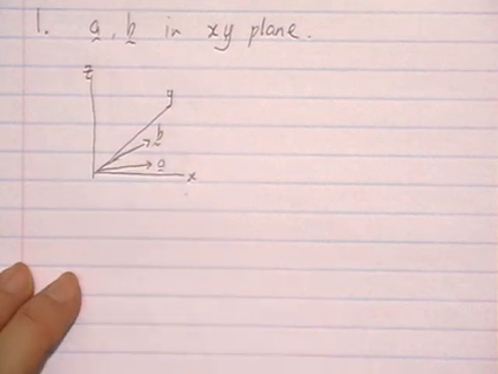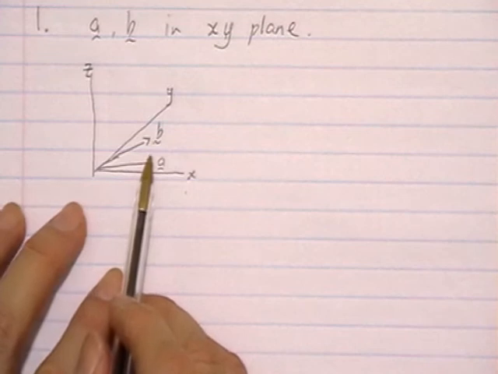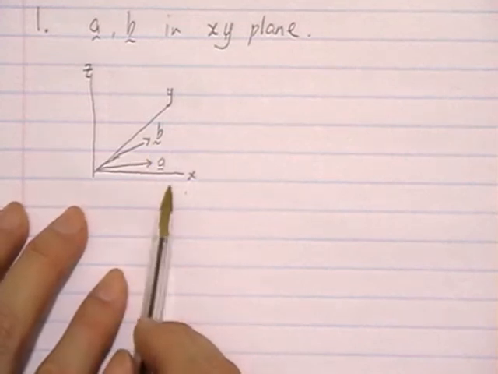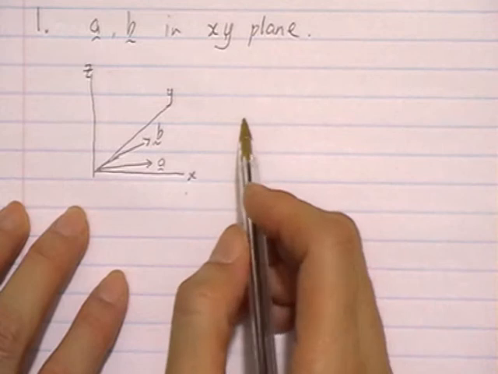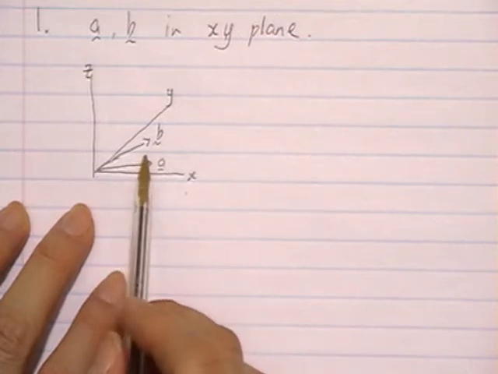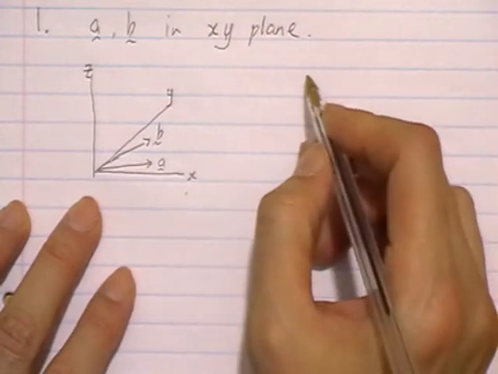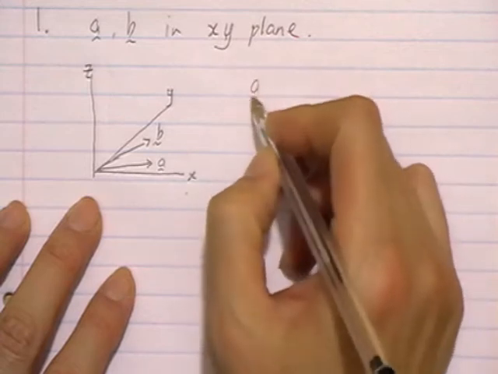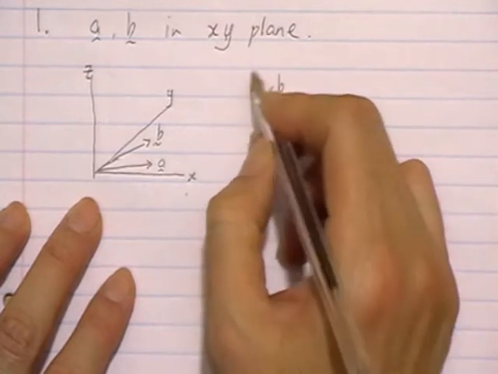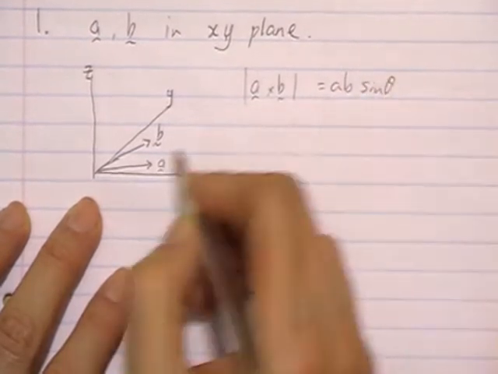Both lie in the xy plane. Let's just have a look at this and think about what the cross product might look like. The cross product, as I have described it just now, is a vector that has, right, A cross B, a magnitude of AB times sine theta.